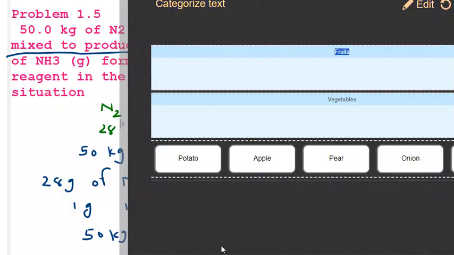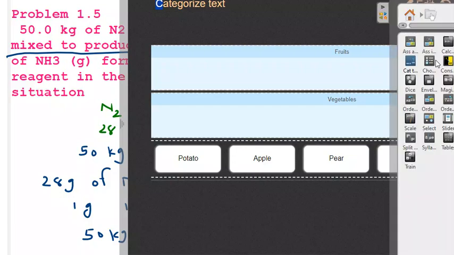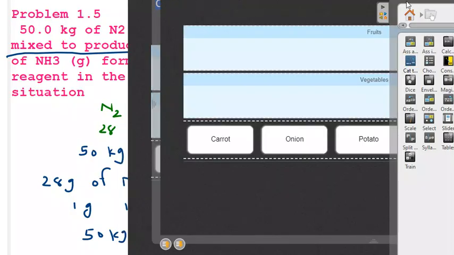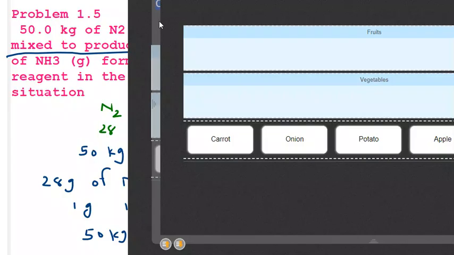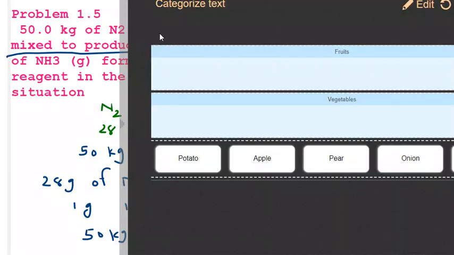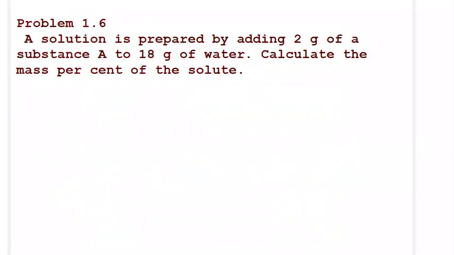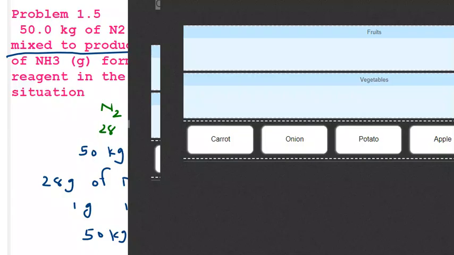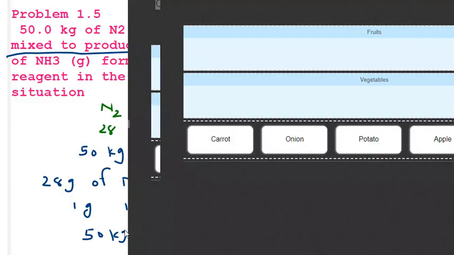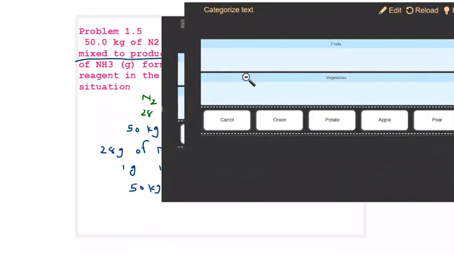Some problems. One minute. Okay. There has been some problems on the slide. I'm just solving this problem.